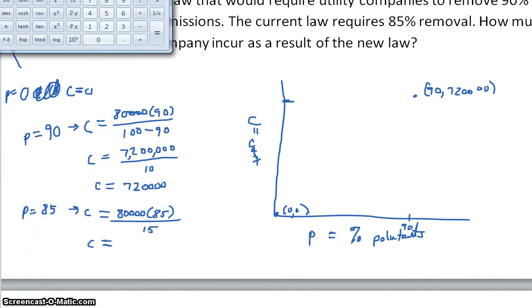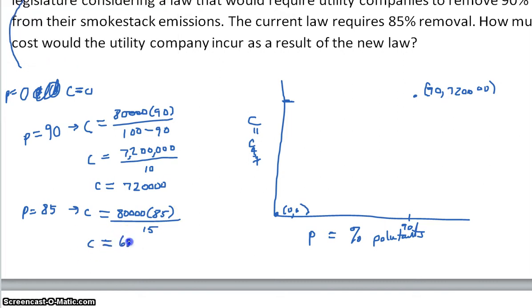So we have 80,000 times 85. We have 6.8 million. And that's over 15. And what that reduces to, if you divide it, is 453,333.